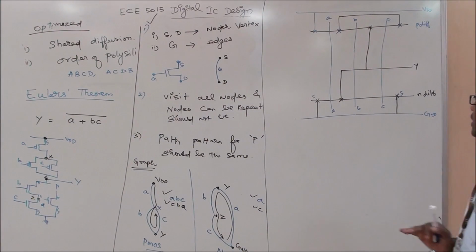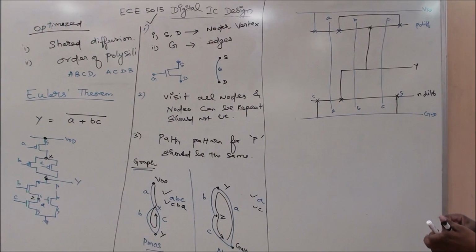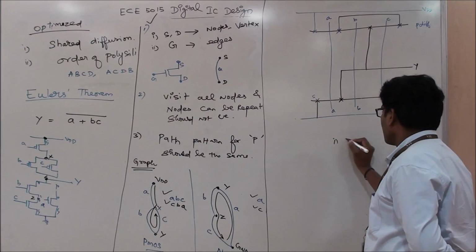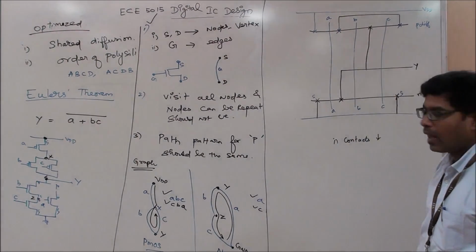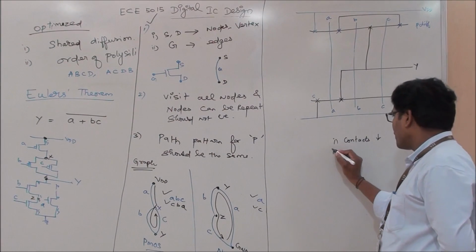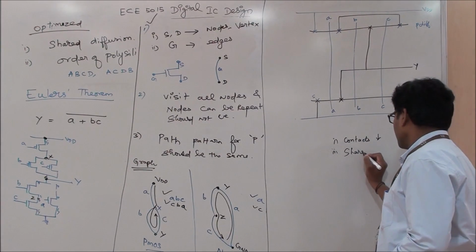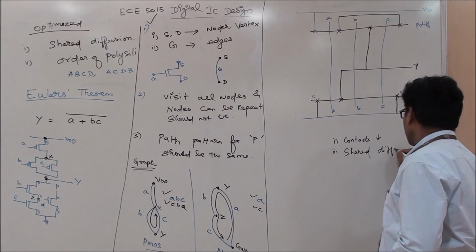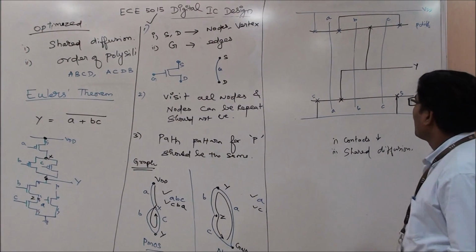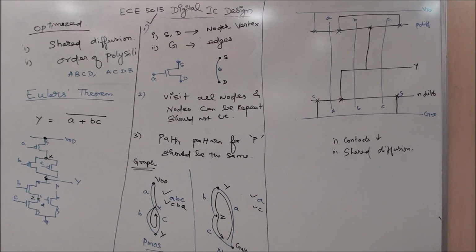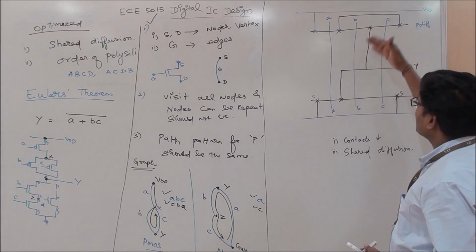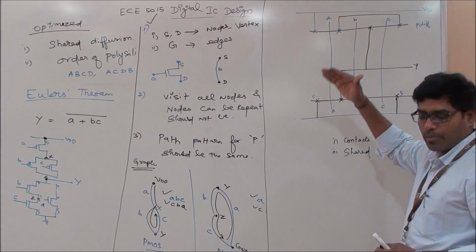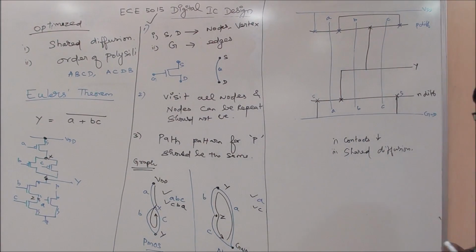Now here, the important thing you can notice is that the number of contacts is low. There is a shared diffusion. All this happens because of ordering this poly and placing that poly in common with your PMOS network and your NMOS network.